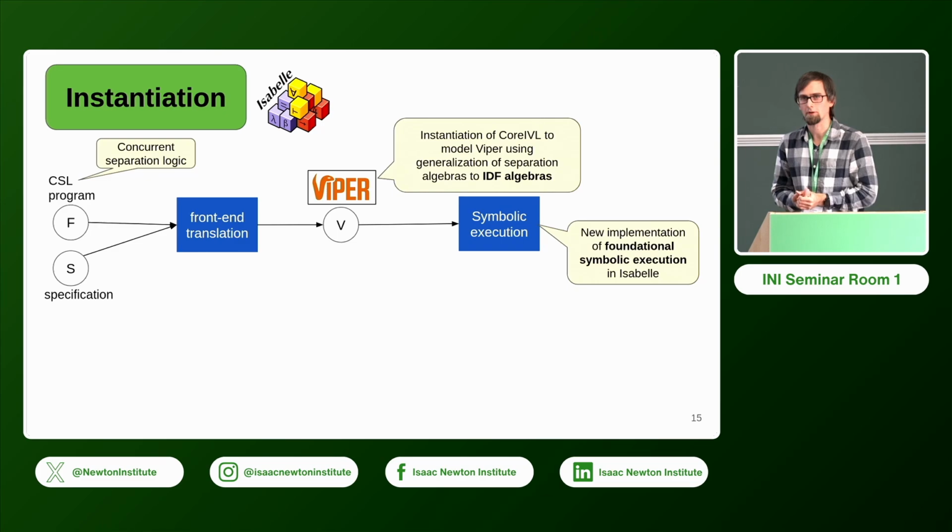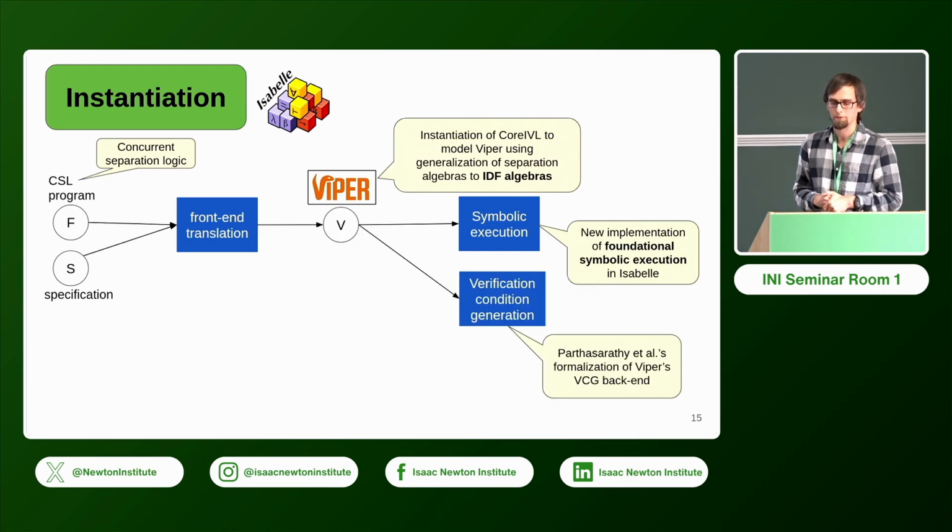And then we formally modeled two backends for this instantiation. First one based on symbolic execution, which is a new implementation of symbolic execution in Isabelle that you can execute within Isabelle and obtain a proof there.